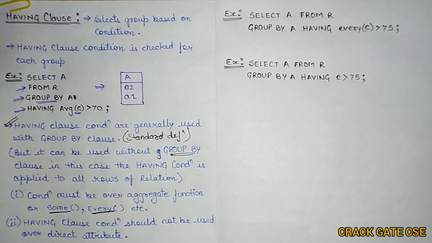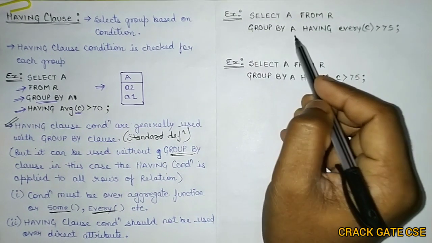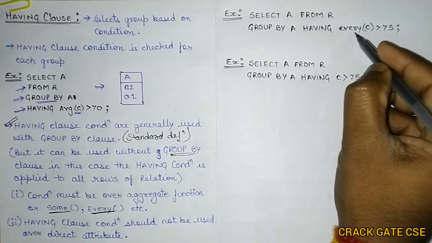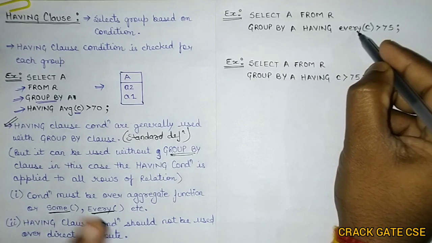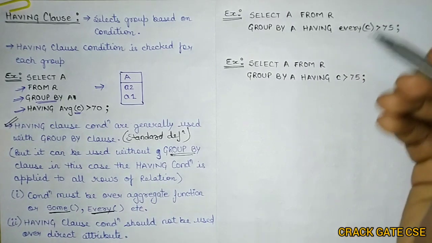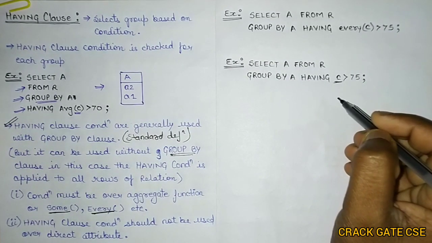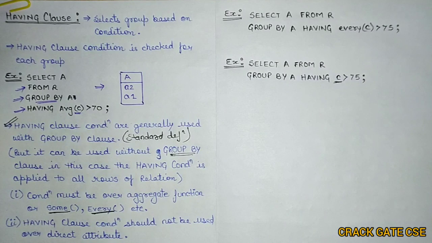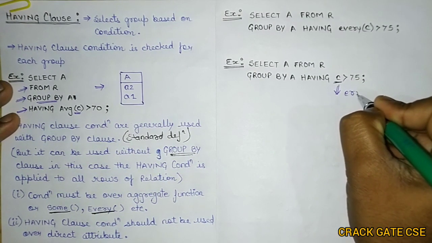Now see, here you can see: select A from R group by A having every C. Here I am using the having condition with an aggregate function, that is every. But in the second example, I am using the having condition with an attribute. According to the definition, it cannot be used. It will give you an error.